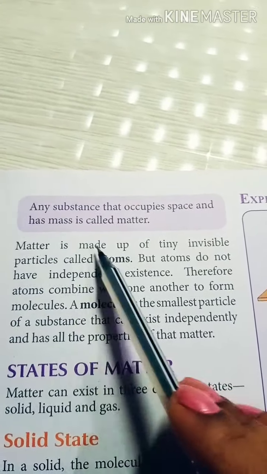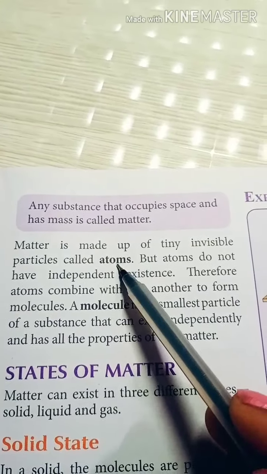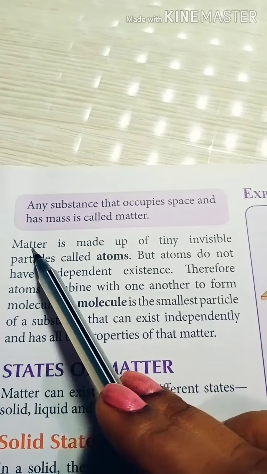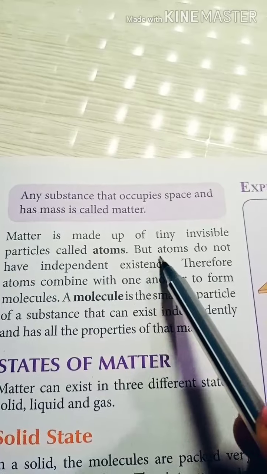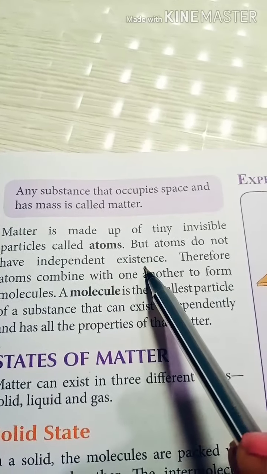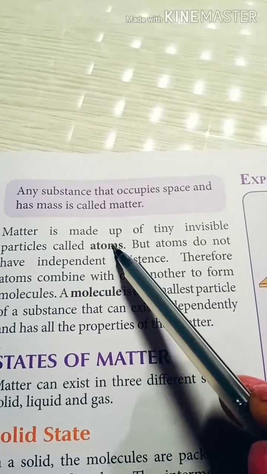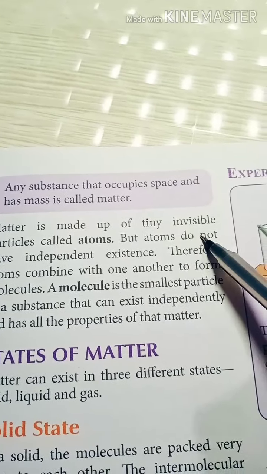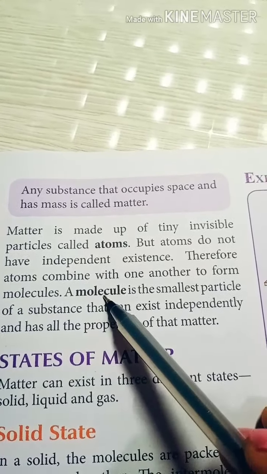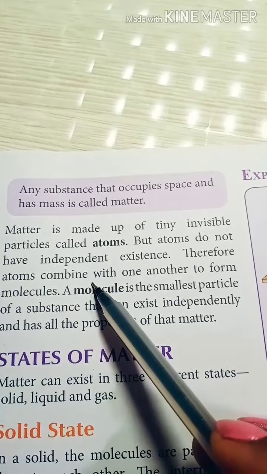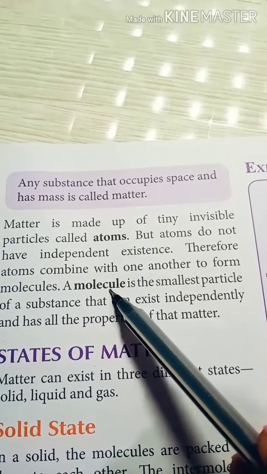But we cannot go from the atom directly to matter. First it is atoms to molecules, molecules to matter. Atoms do not have independent existence, that means one atom cannot exist alone, so it always tries to combine with another atom. When atoms combine with another atom or more than one type of atom, they form molecules.